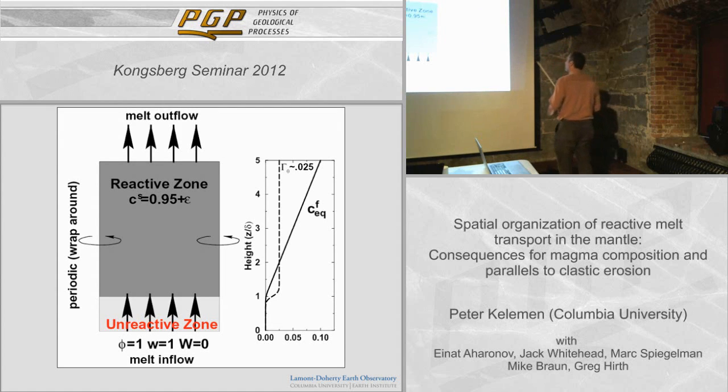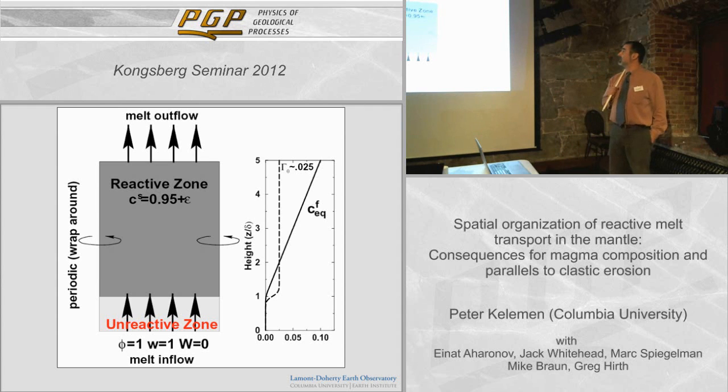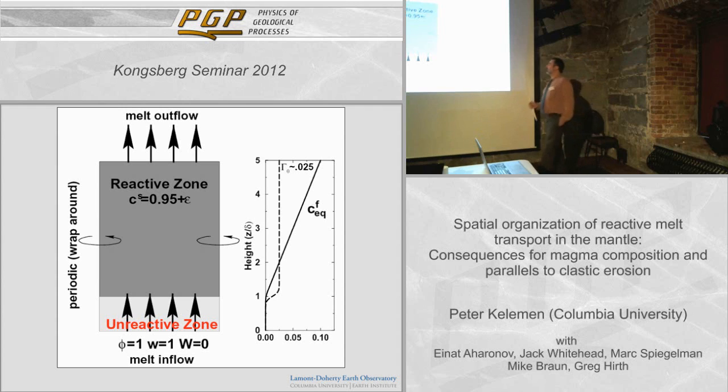Okay, and then we asked for help from Mark Spiegelman, who had, and still has, a really nice two-phase flow code to model migration of melt in a viscously compacting peridotite matrix. And of course, there's all sorts of important details here, which we don't have time to talk about.